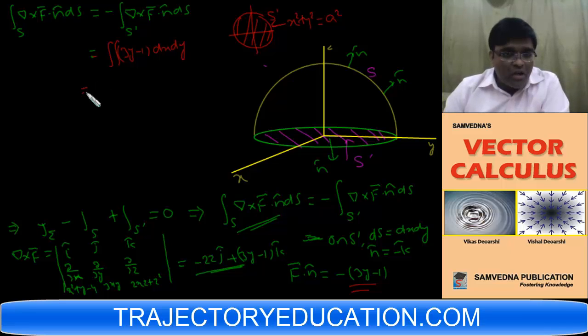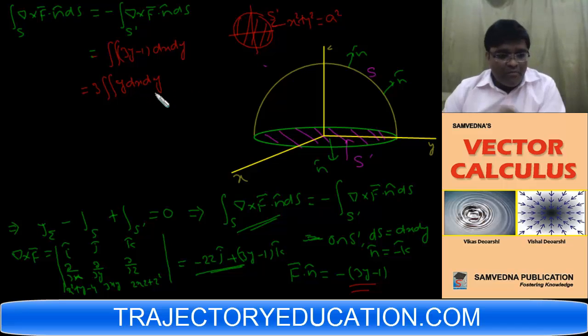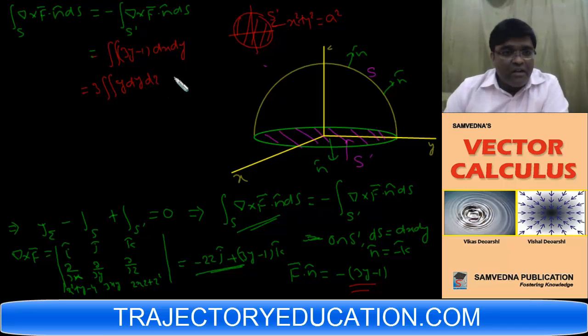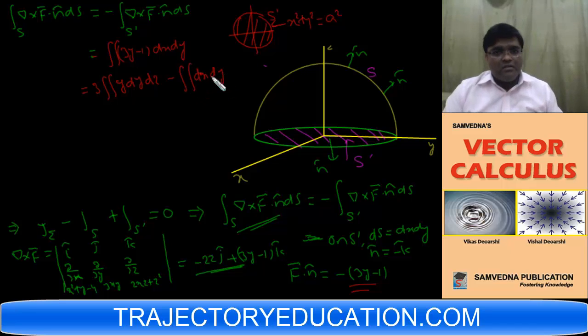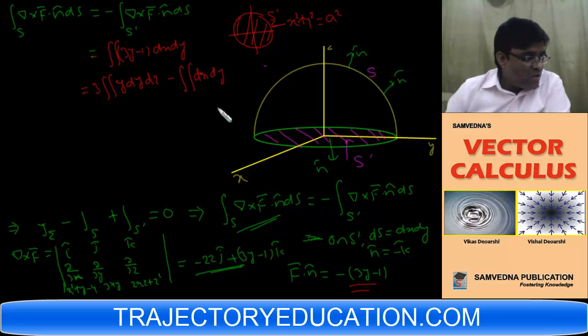We can use polar coordinates. First of all, using the property of definite integrals, we will have some simplification. We can write it as a sum of two integrals.